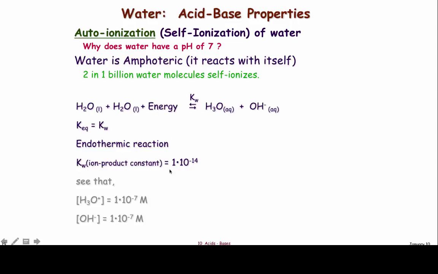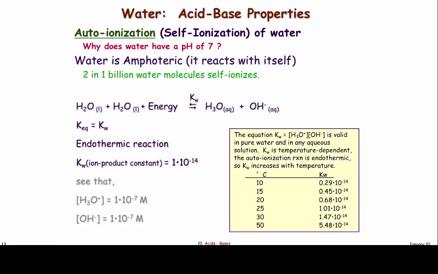Water has a Kw of 1 times 10 to the minus 14. And what does that translate to? It translates to the fact that when these things undergo the self-ionization with this Kw value, then the concentration of hydronium and hydroxide in pure water is 1 times 10 to the minus 7 molar, both for hydronium and hydroxide.